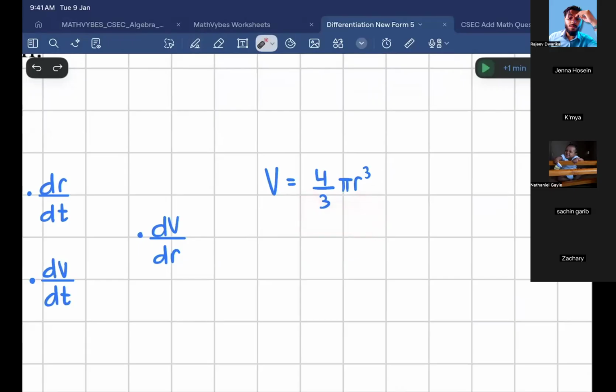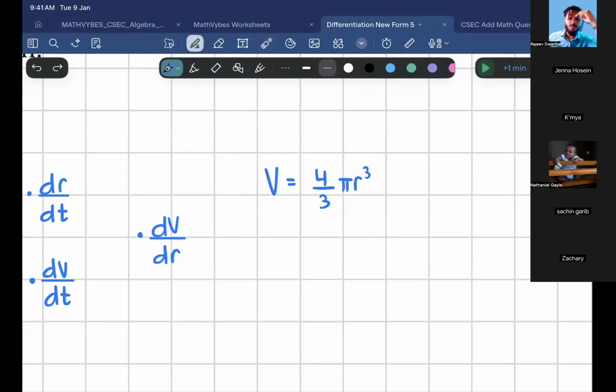If you differentiate this, it would be what over what? This would be dV/dr. Exactly, dV/dr. If I do that, what would I get?